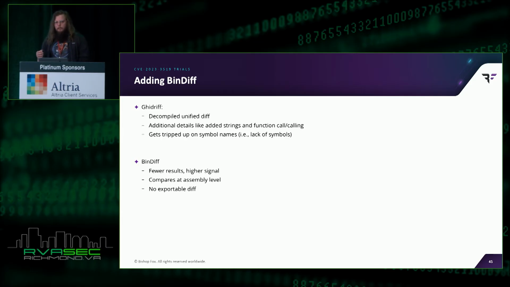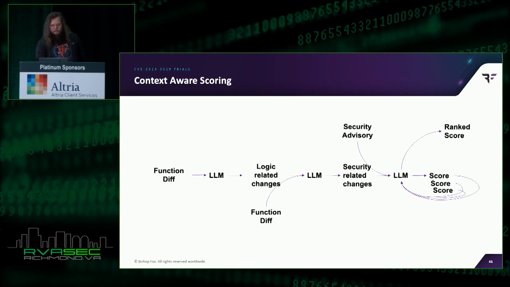I don't know if anyone else has run into this while reverse engineering, but different diff tools will say different things have been modified. I think this is for GGDiff because it's looking at a decompiled view. If you decompile a bunch of stuff and variable names have changed, it will start saying that things have changed when they necessarily haven't, and that's just because it's working on a pseudo C comparison rather than BinDiff's assembly level. So since we're working at different levels, we can get different benefits out of combining both and then weeding things out based on that cross-section.